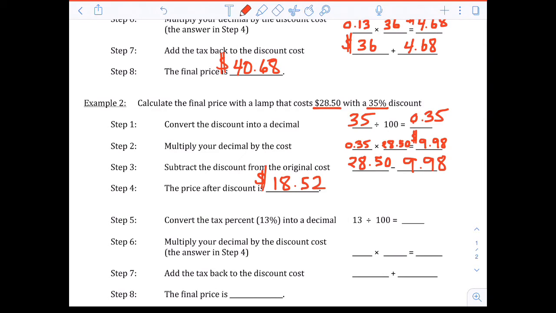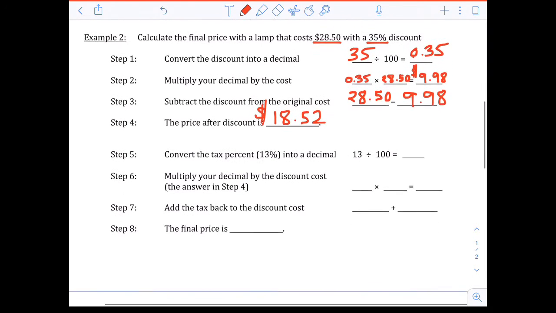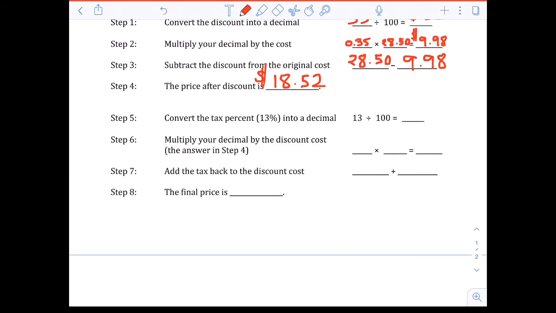So when we go to the cash register, they're going to ring up $18.52. But the cash register is going to add tax to that. So let's figure out what the tax is. So convert the tax, 13%, into a decimal. So 13 divided by 100 we know is 0.13. We've done that one a whole bunch of times last week and this week. Multiply your decimal by the discount cost. So 0.13.